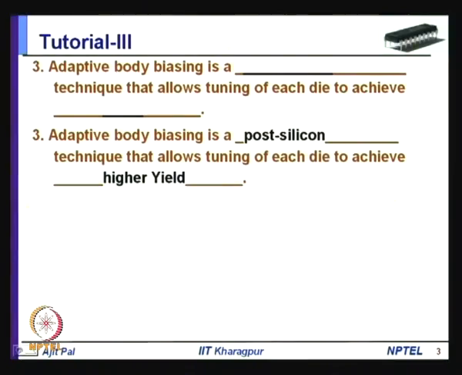On the other hand, in post silicon techniques, after the fabrication you will do some adjustment that can be done by applying different supply voltage or by applying different body bias. So, different dies will be applied different body bias. So, the answer is adaptive body biasing is a post silicon technique and that allows tuning of each die to achieve higher yield. Okay. So, that was the third question.